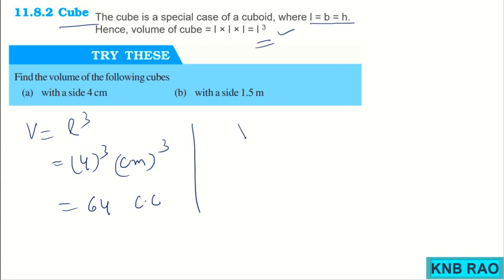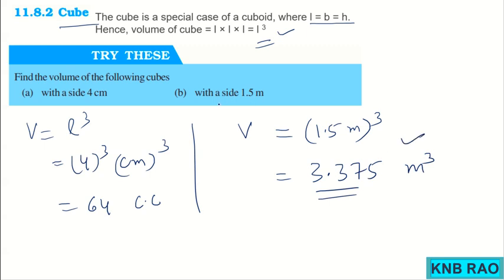Then in the case of the next question, volume is 1.5 meter whole cube, 1.5 into 1.5, you know how to multiply. 1.5 into 1.5 is 2.25, and 2.25 into 1.5 is 3.375 meter cube will be the volume of a cube with the side 1.5 meter.